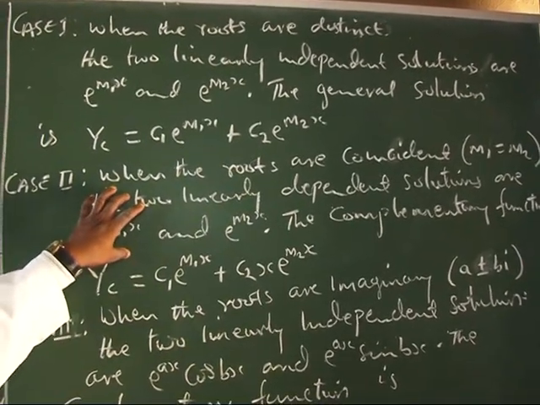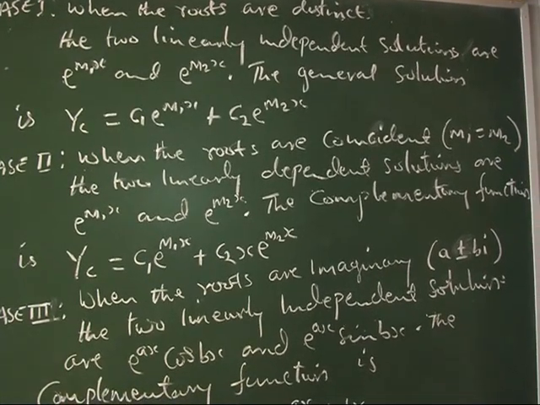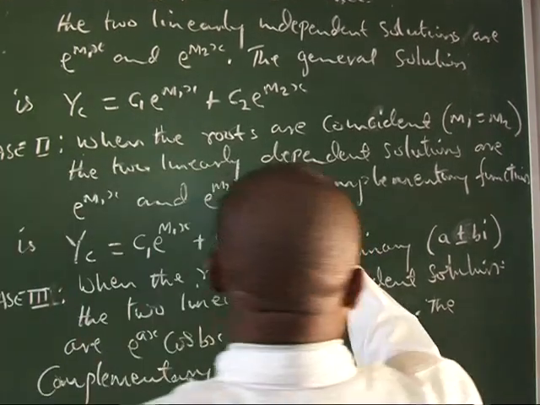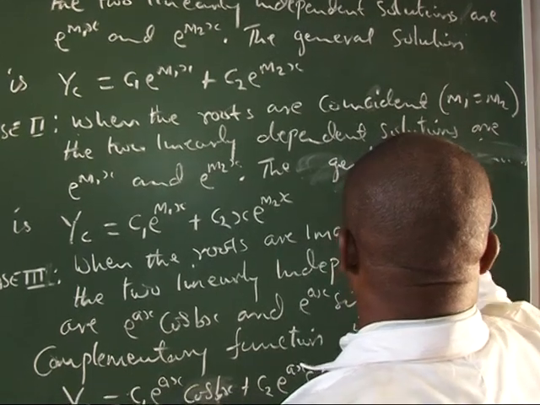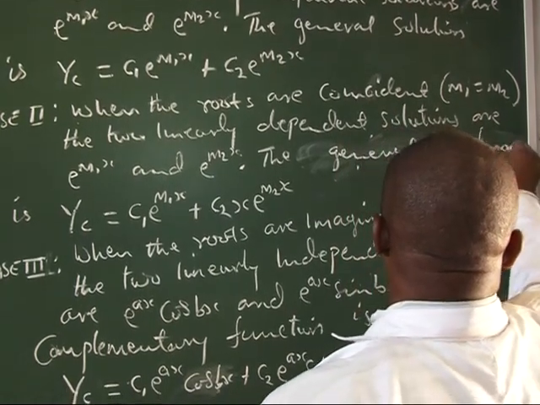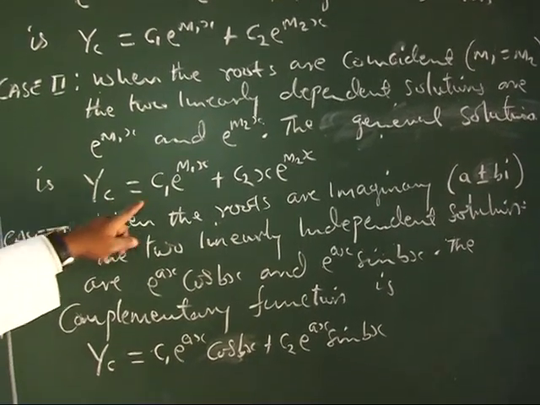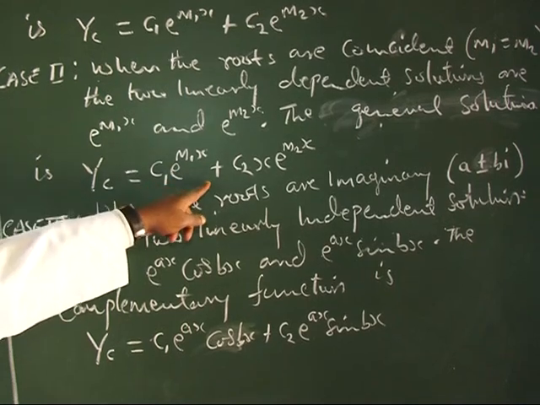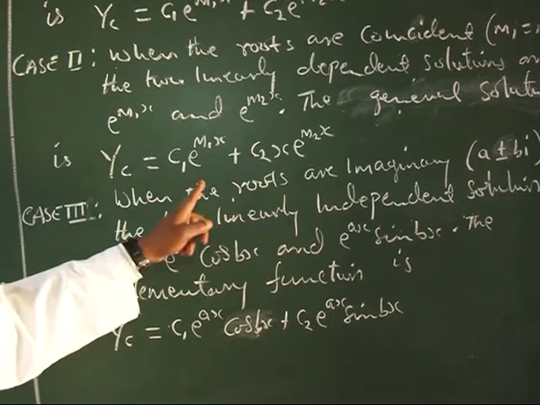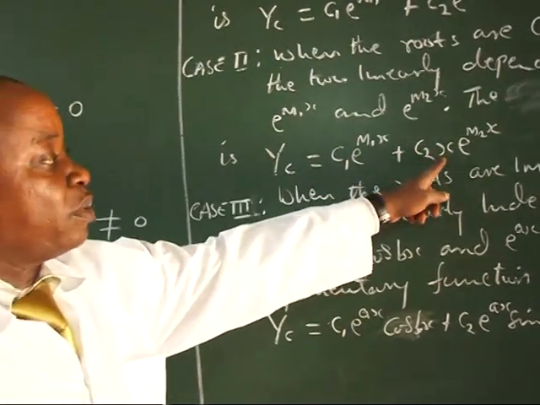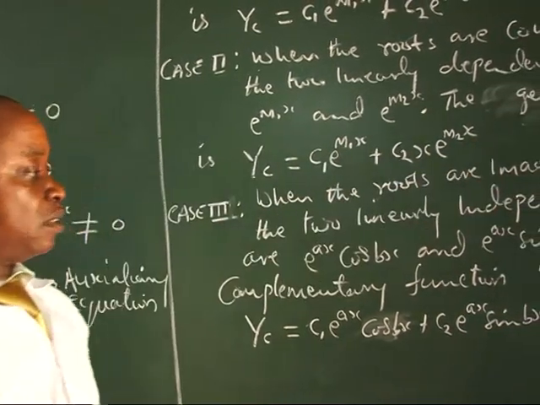Case 2, when the roots are coincident, the general solution yc is equal to C1 exponential m1x plus C2x exponential m2x. See this, C1, then we have C2, then we have x. Very important to note.